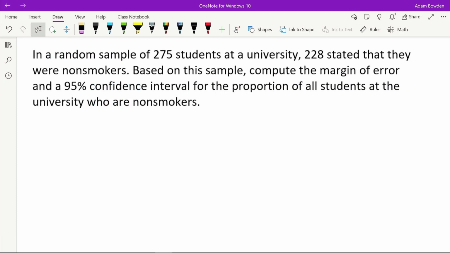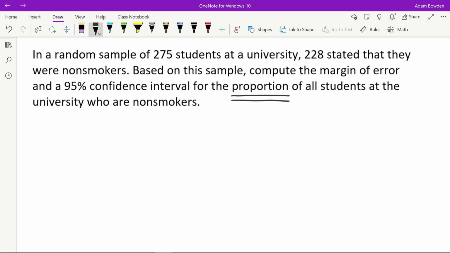On this one, it says in a random sample of 275 students at a university, 228 stated that they were non-smokers. Based on this sample, compute the margin of error in the 95% confidence interval for the proportion of all students at the university who were non-smokers. Okay, this is a different setup than the last one and the last few examples, mainly because we're not dealing with the mean, we're dealing with the proportion.